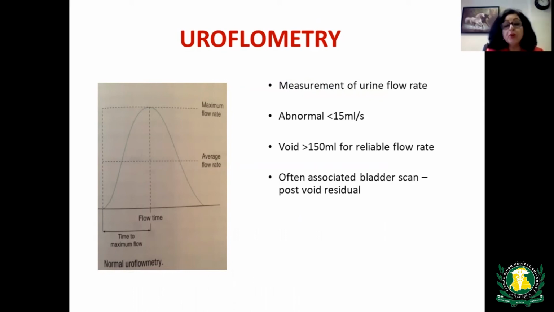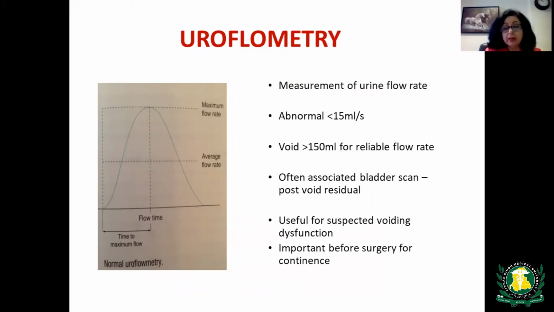But at the end, you would also check the residual, because if the residual is more than 50 to 100 mils, that indicates incomplete emptying. And it is very important to check the flow rate in order to rule out any voiding dysfunction, which could be neurological. And again, as I said, prior to surgery, all these investigations are very relevant.